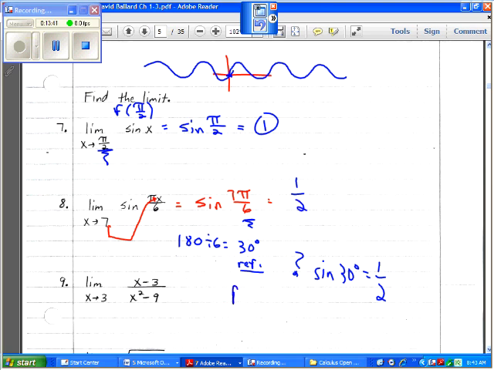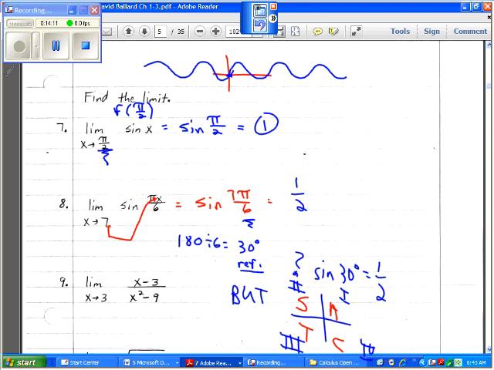But we got to think about the quadrant, right? In quadrant 1, quadrant 2, quadrant 3, and quadrant 4, they're all positive in quadrant 1, All Students. Sine is positive only in quadrant 2, Take. Tangent is positive only in quadrant 3, Trig Class.